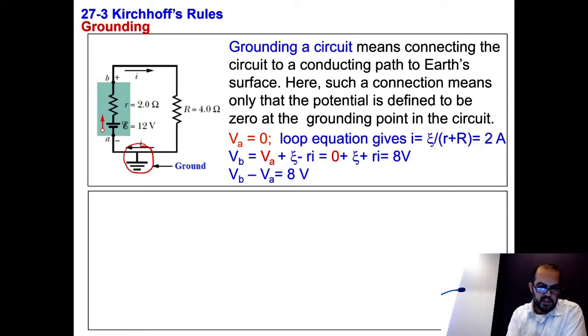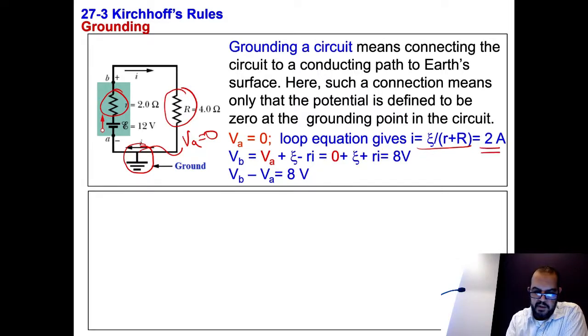Okay, so for example, this ground here tells me that VA has to be equal to zero because it's connected to ground. In the previous example, we determined the current I, which is the EMF epsilon divided by the sum of the two resistances. Here we have only one EMF, a capital resistance R and a small resistance r.